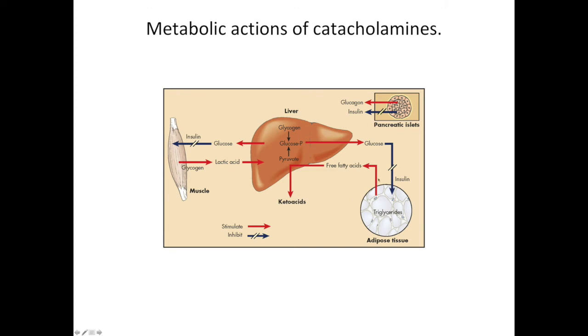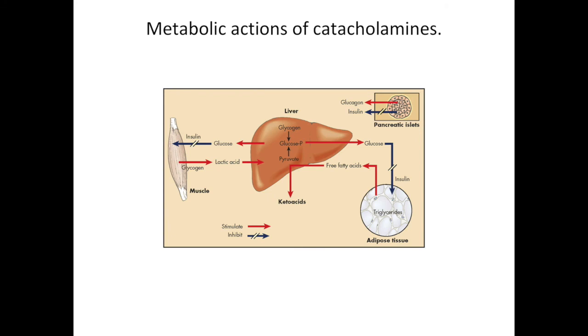It will cause lipolysis that then breaks down the triglycerides into free fatty acids, and then these are converted into keto acids in the liver. And it will inhibit the effects of insulin on both muscle and adipose tissue, preventing the uptake into these tissues.